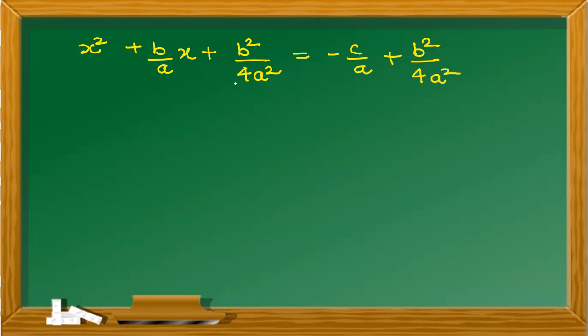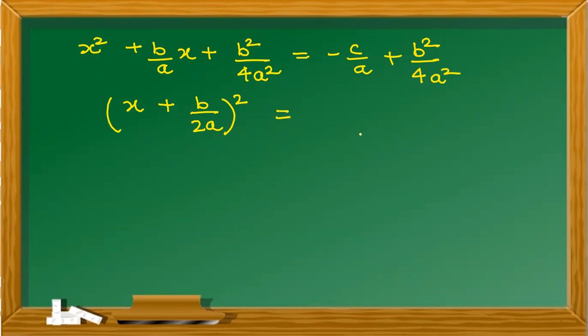Now, if you see the left hand side, this is nothing but the square of x plus b over 2a, whole square, isn't it? Completing the square. We have completed the square on the left hand side.